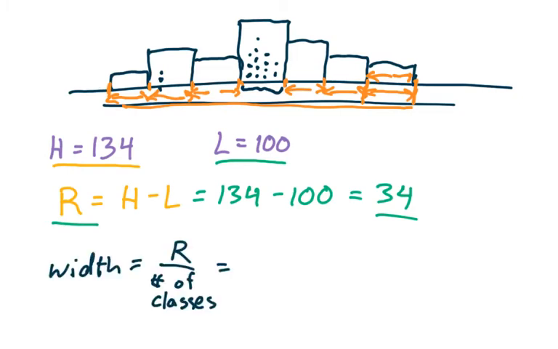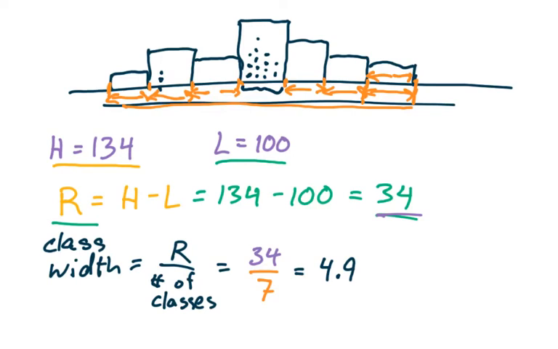The class width is R, that is the range, divided by the number of classes that we want our group frequency distribution to have. So for our particular case, we have 34 for the range. They told us to use 7 classes. And so what this works out as is approximately 4.9.